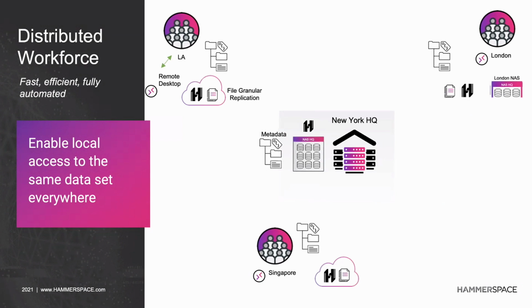And then there's also that reverse process of maybe you've done an acquisition and you want to bring more data into the data environment. Many of our users have adopted Hammerspace first for the data orchestration across locations, and then to be able to make that data locally accessible to their users. But maybe they didn't purchase us initially just to replace a NAS environment or a data center environment that exists today.